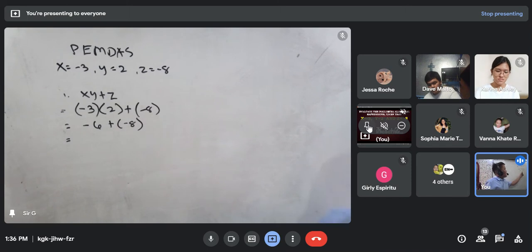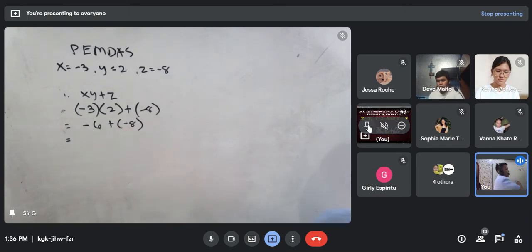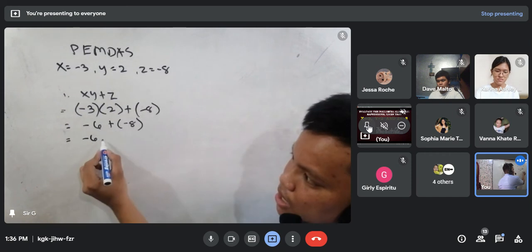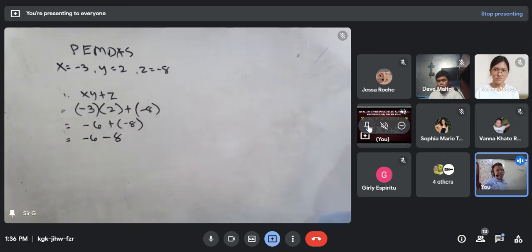Kadalasan kasi, itong positive at negative, kapag nagbungguan to, magiging negative. Kapag nagbungguan tong positive and negative, it will become minus 8. Diba? Pwedeng sabihin natin, negative 6 minus 8. What is the answer? Anong sasagot nyo dyan?